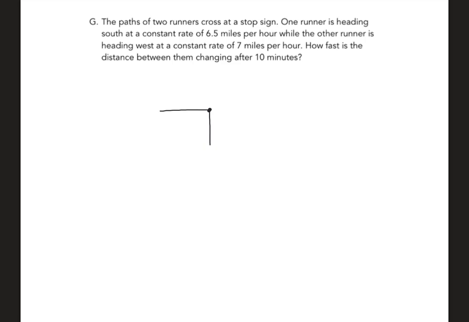They want to know how fast the distance between them is changing at a certain point in time. So might as well represent the distance between them like this.